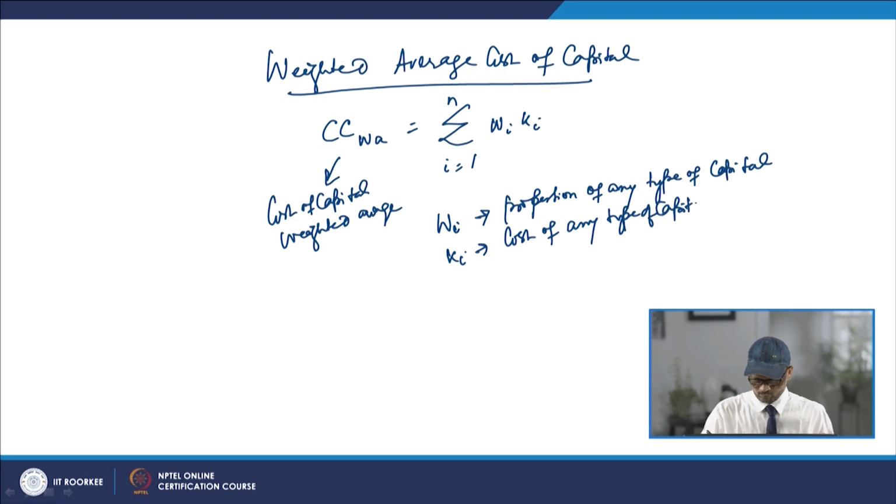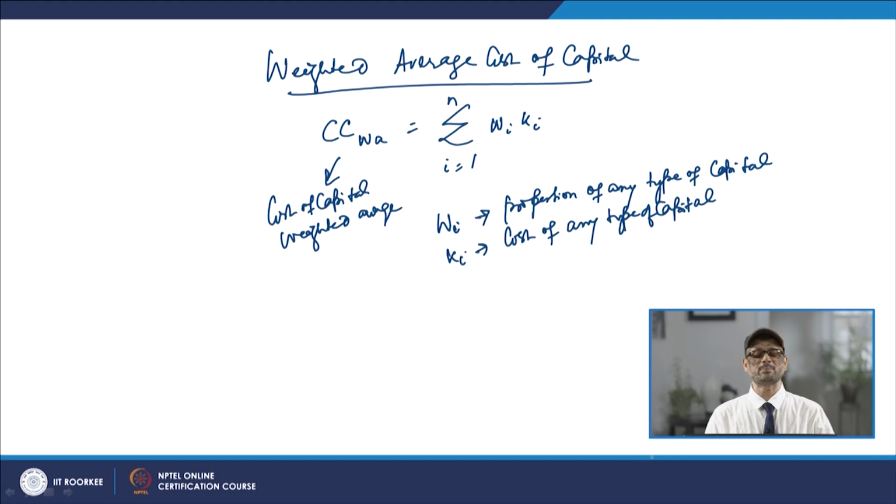So, in the firm's capital structure, you will have different types of capital, and they will have certain proportions. So, that way you will get the Wi and also the cost of that particular type of capital. So, if you get the summation of all of them, that will tell you the cost of capital weighted average.